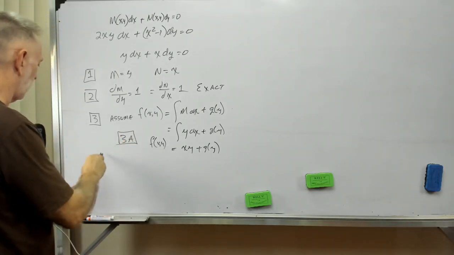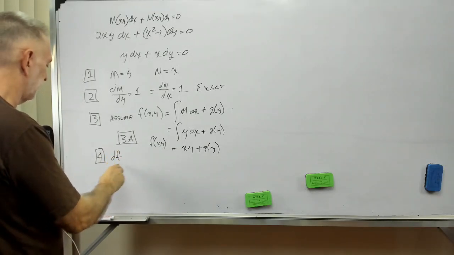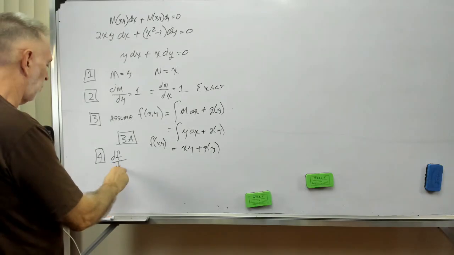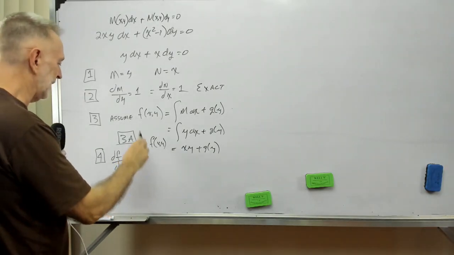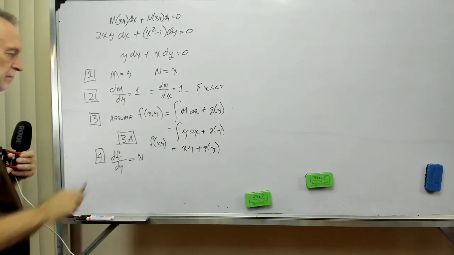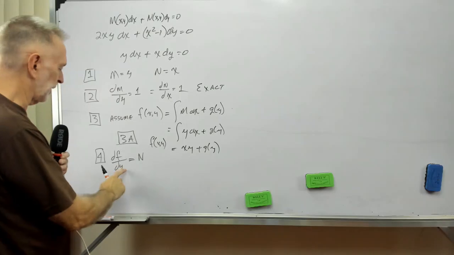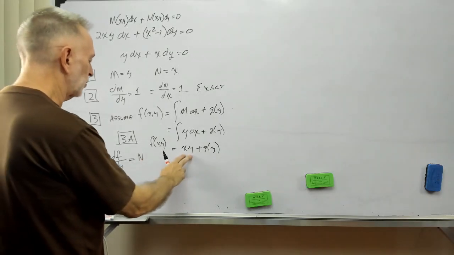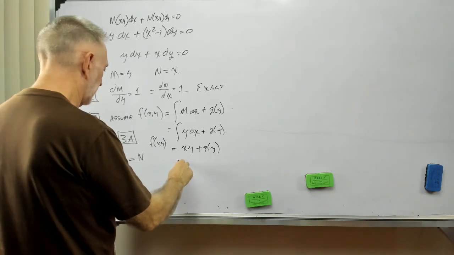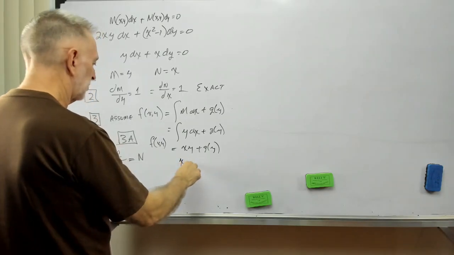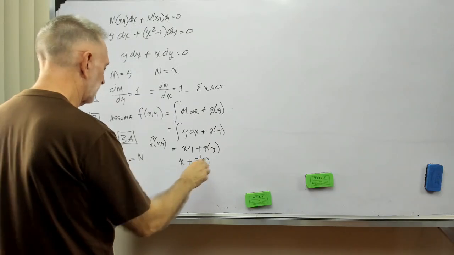Now step 4, I'm going to take the partial of f with respect to y and set that equal to N. Okay, so let's take the partial of this equation with respect to y. So the partial of xy, x is a constant, so I end up with x plus g prime of y.